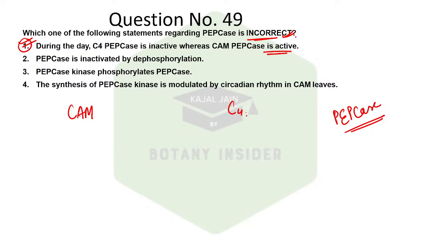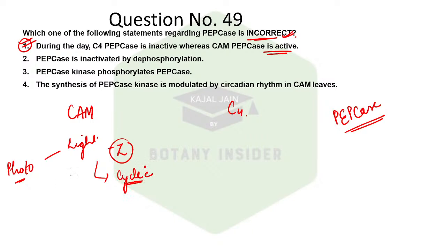When we look into photosynthesis, the normal pathway is the light reaction, which is via your Z scheme. If the plant requires some additional ATP, it undergoes cyclic photophosphorylation, right? And then you have the dark reaction.